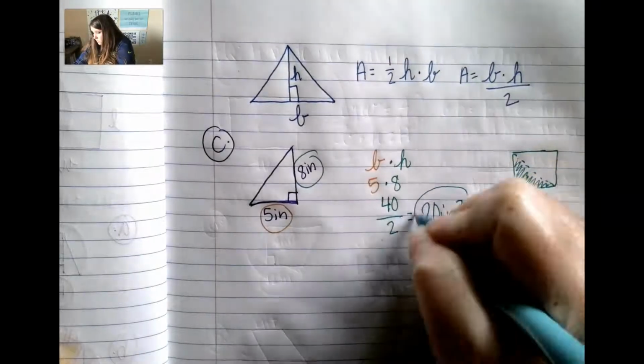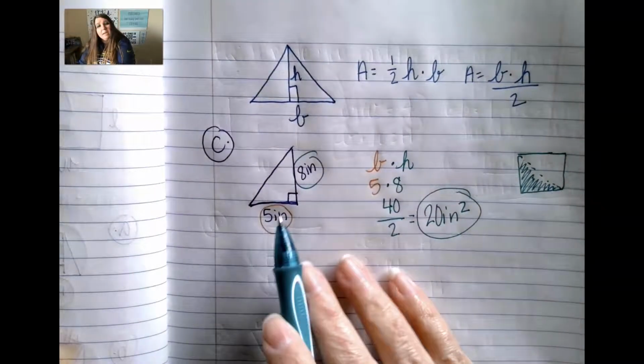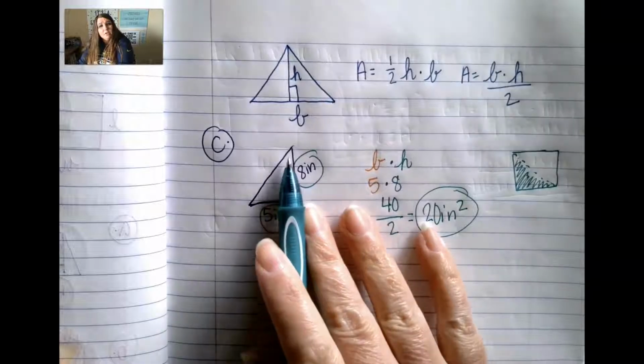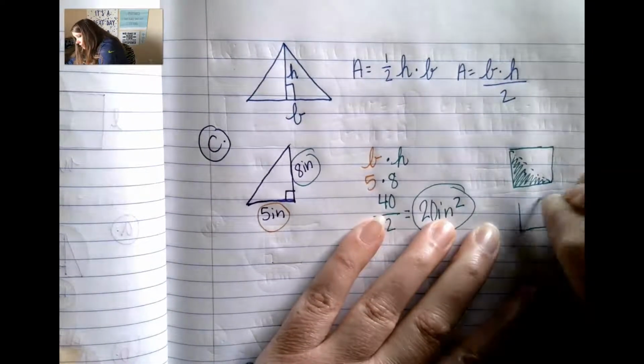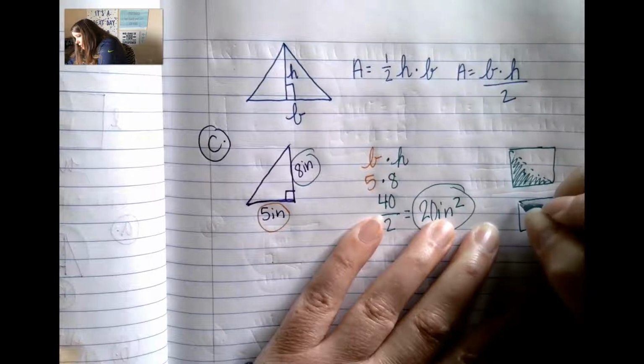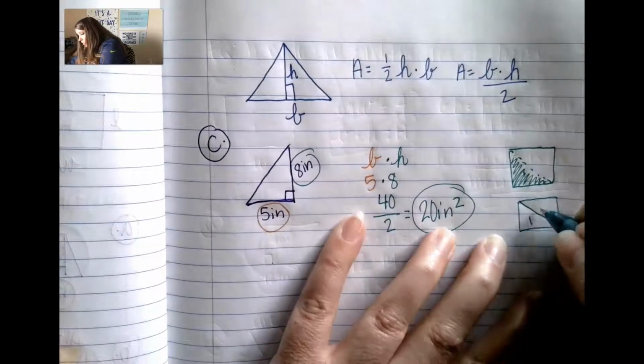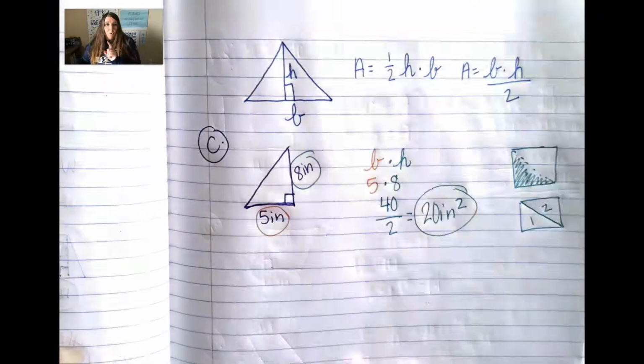So that's my total. So I'm still multiplying base times height, but then I have to chop it in half because a triangle is half of a square. I have two triangles to make one whole.